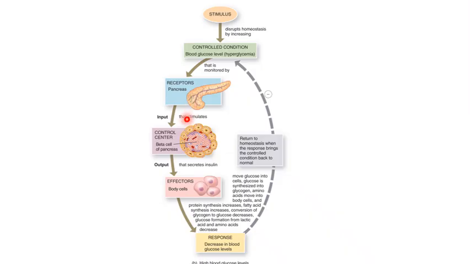Once it's stimulated by that stimulus, the beta cell secretes insulin. It then goes, and its effect is on the body cells. The body cells basically do whatever possible to use glucose or stop glucose formation to prevent it from getting into the blood levels. And then once the levels even out, we're back to homeostasis. It then inhibits this entire pathway.